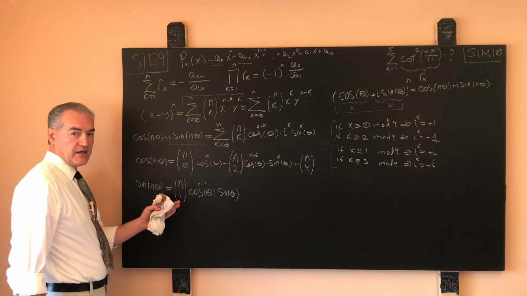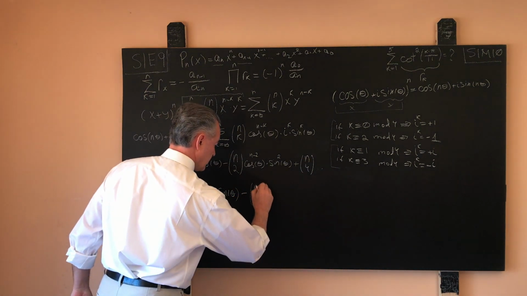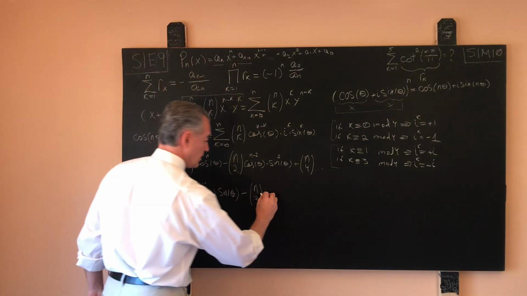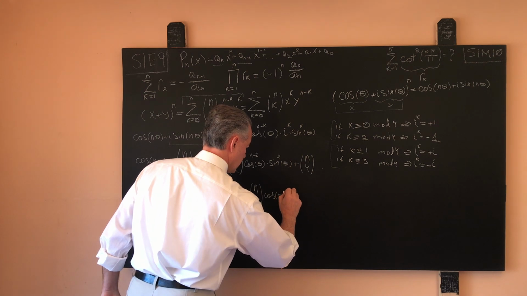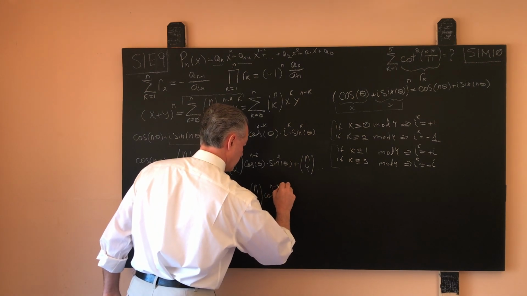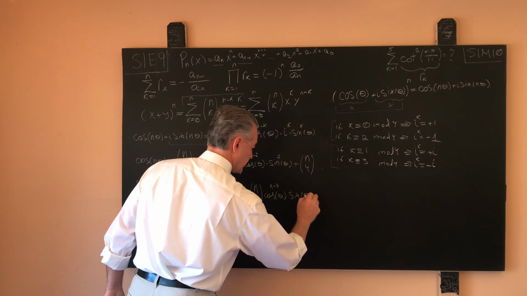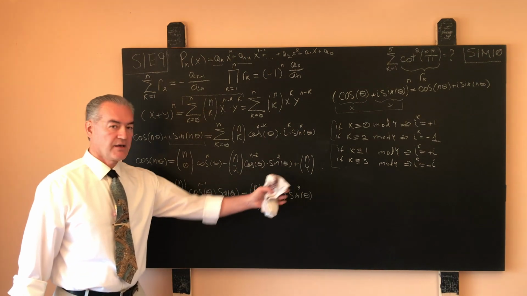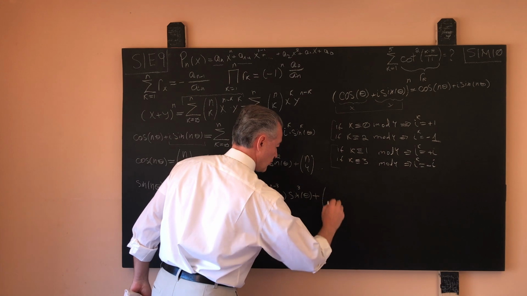For k equals 1, it will be minus n choose 3, the binomial coefficient, multiplied by the cosine of theta raised to the power n minus 3 times the sine of theta raised to the power of 3, plus what?